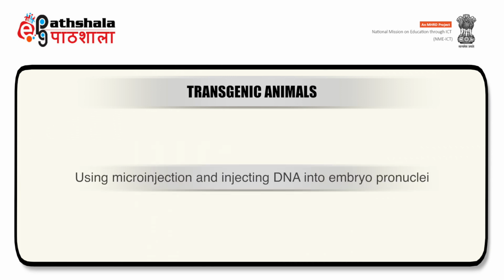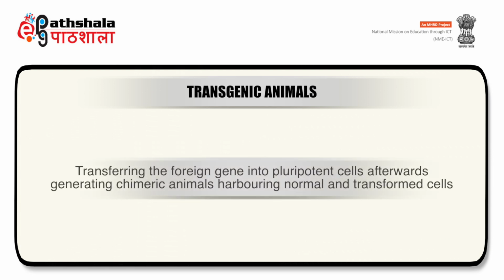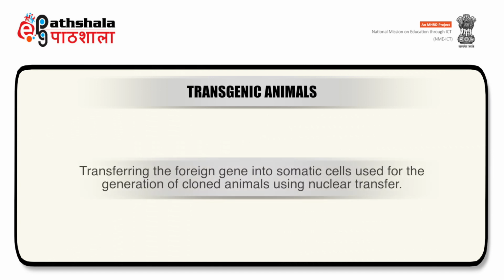Generating transgenic animals can be achieved by using microinjection and injecting DNA into embryo pronuclei, using lentiviral vectors or transposons, in vitro fertilization using sperm with a specific gene, transferring the foreign gene into pluripotent cells, afterwards generating chimeric animals harboring normal and transformed cells, and lastly, transferring the foreign gene into somatic cells used for the generation of cloned animals using nuclear transfer.